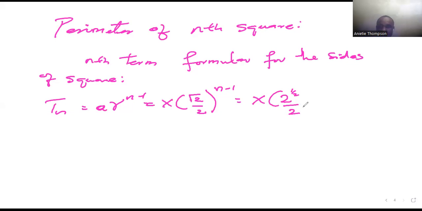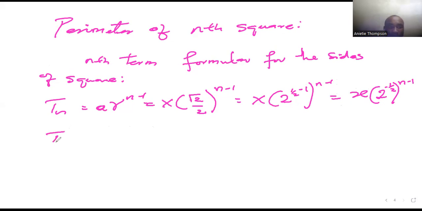From indices, pull that out. I can write it as 2 raised to the power of half minus 1, then raised to the power of n minus 1, which is the same thing as x times 2 raised to the power of half minus 1, which is minus half, raised to the power of n minus 1.